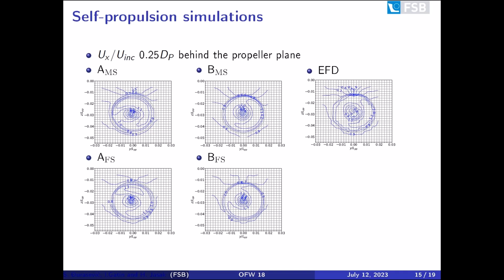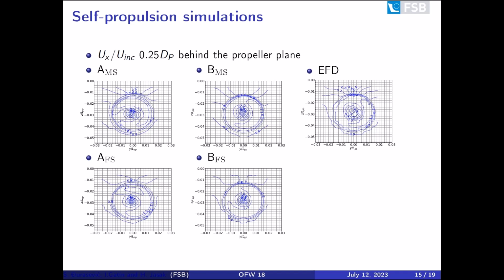Due to different propeller load and wake in front of the propeller, position of the high velocity region is different for every case. Position of high velocity region moves counterclockwise in case of partial rotation representation.